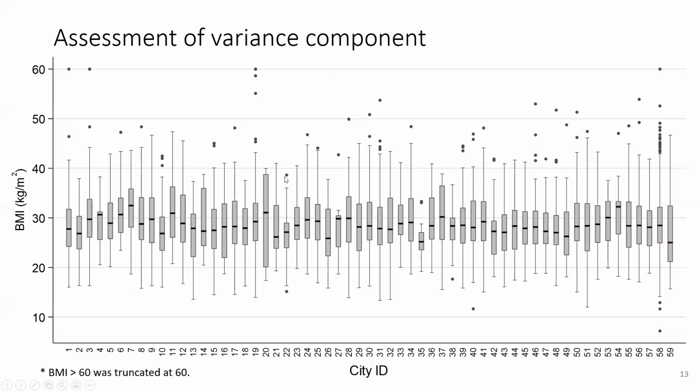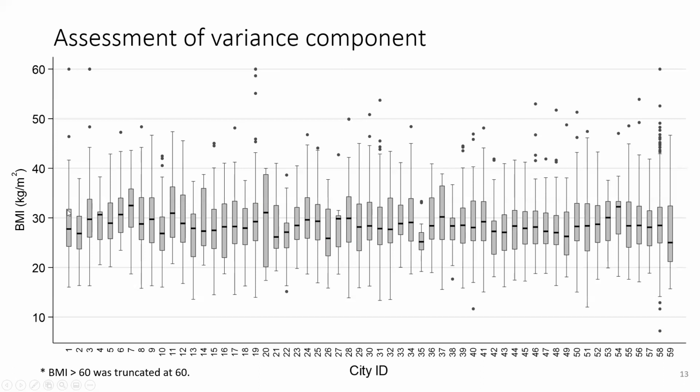And the next thing is we need to know if the variability of variance is somehow constant across cities, because this is the assumption we use. To do so, we look at the IQR, which is given by the difference between the edges of the box. This one is the third quartile, and this one is the first quartile.